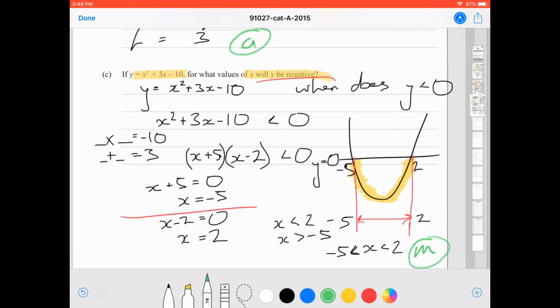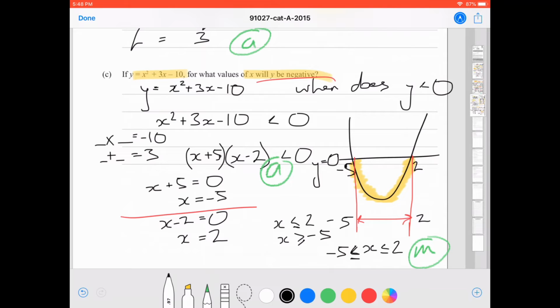Your achieved grade is factorizing the expression written, so achieved at this point here. The marking schedule also mentions achieved for including the endpoints in the inequality. So possibly you said x is less than or equal to 2 and greater than or equal to -5.